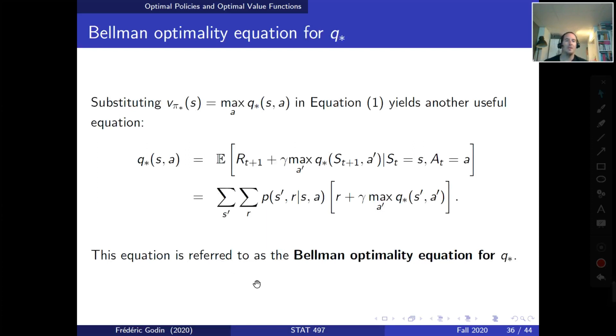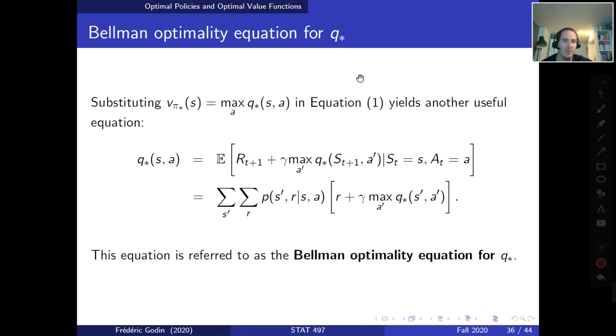Okay, another useful equation that we will use very often is the following. Recall that we said the optimal state value for state S is the maximum action value in state S across all actions A. This is the equation we discussed in the previous slide. Making that substitution in a previous equation will lead to the following formula.